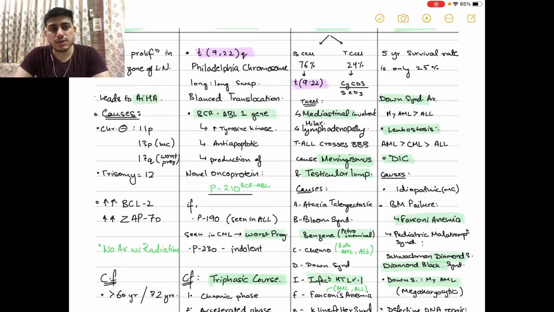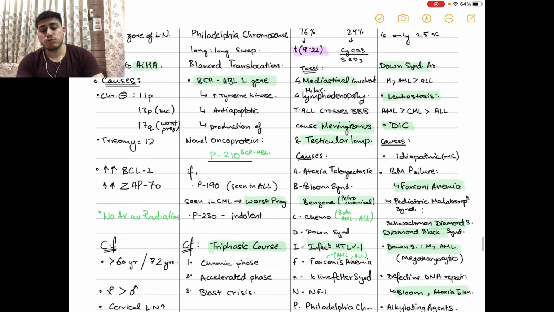Now there are more Auer rods present because there is a proliferation of these myeloblasts. So when there is a flux of Auer rods from the cells because of the destruction or lysis of the cancer cell, the Auer rods will cause DIC in the patient. So this is also a very deadly situation.